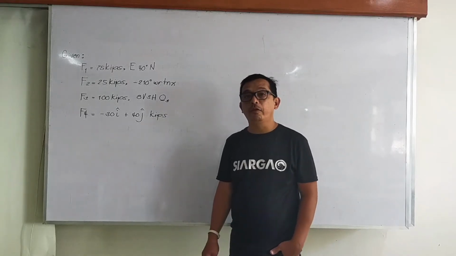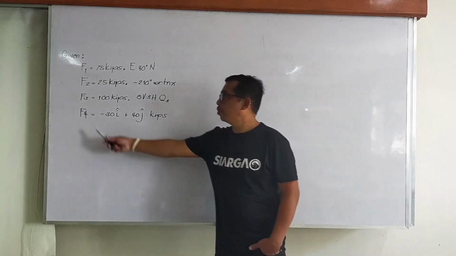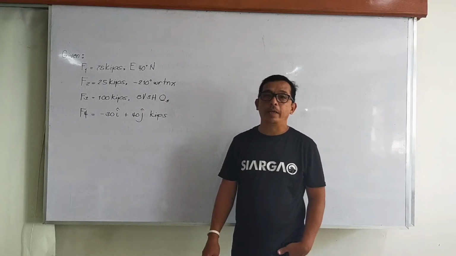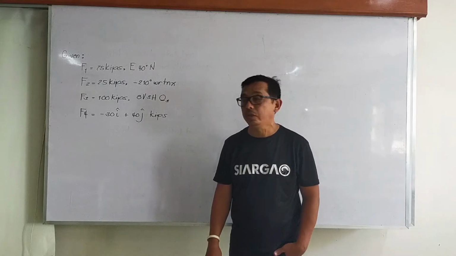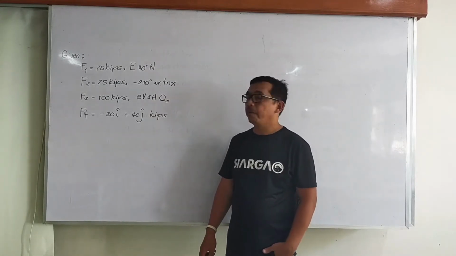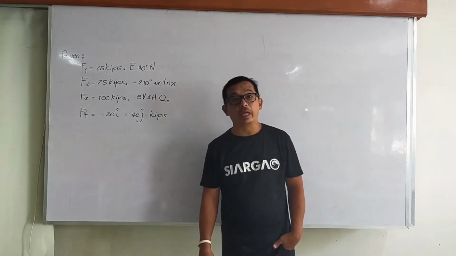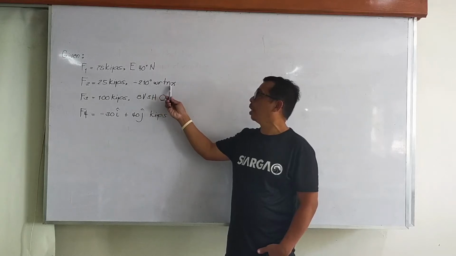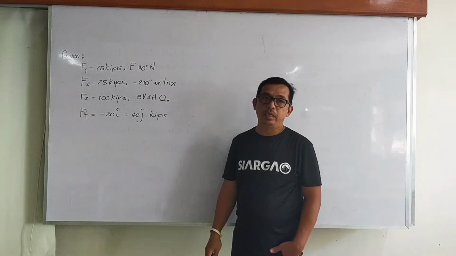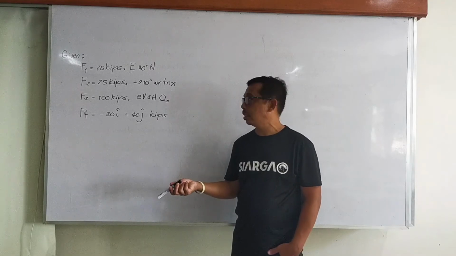east 40 degrees north. And for F2, we have 25 kips or 25 kilopounds with a bearing of negative 210 degrees with respect to negative x. So, WRT of x means with respect to negative x axis.